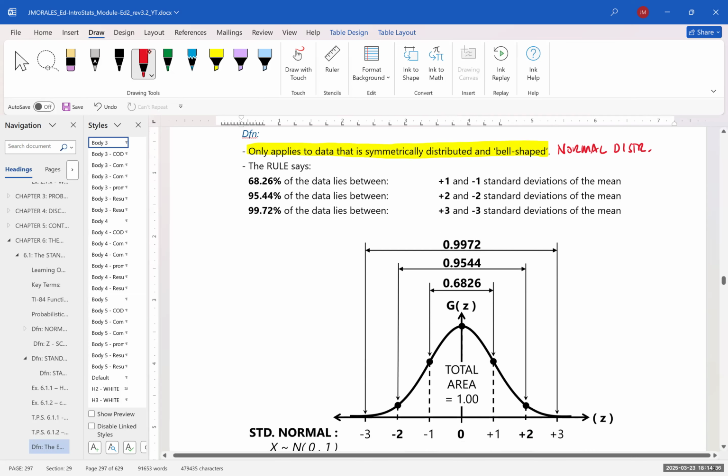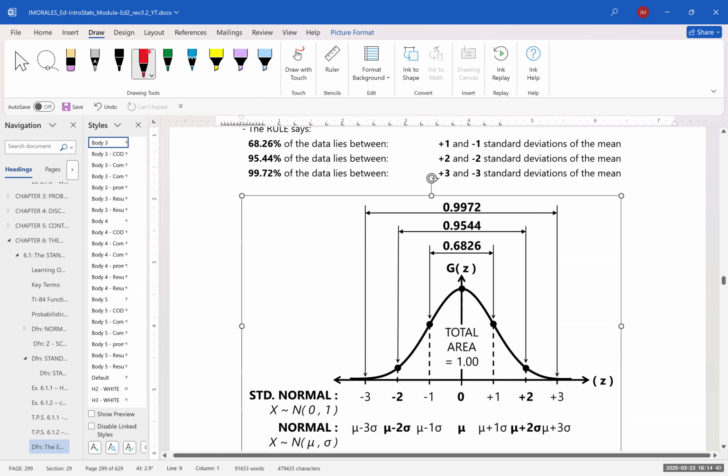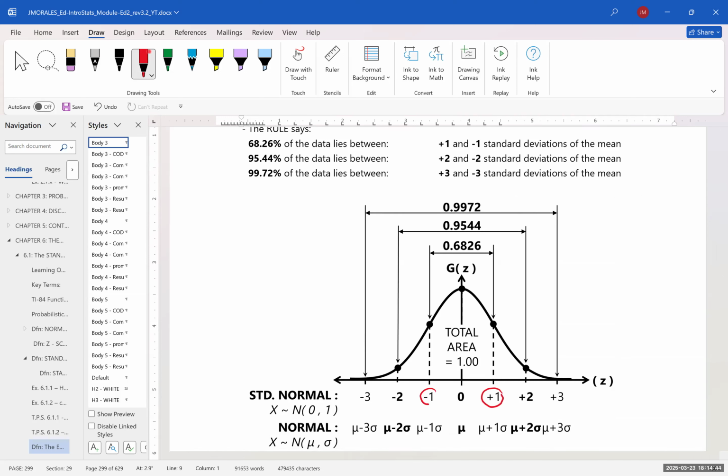What the rule says is that between +1 and -1 standard deviations above and below the mean, the area between them, so this area, is equal to 0.6826.